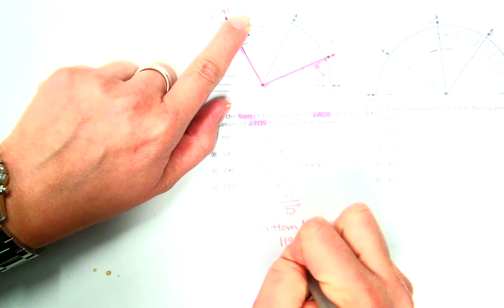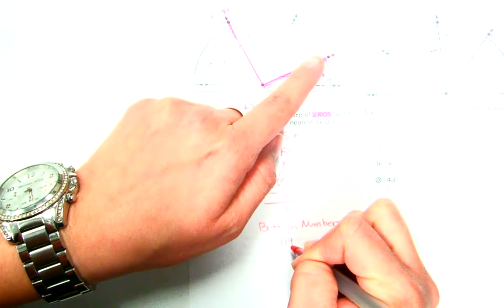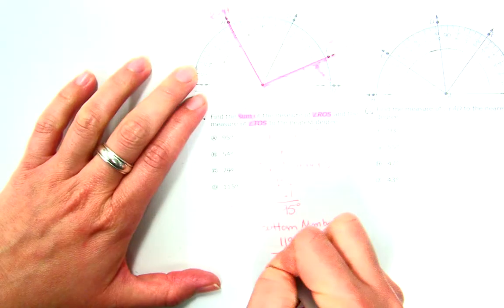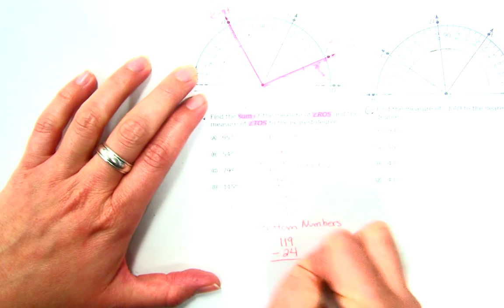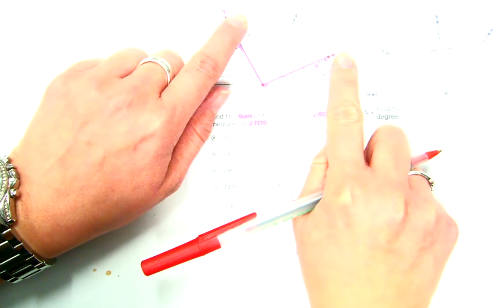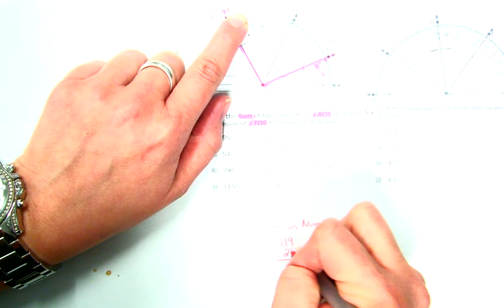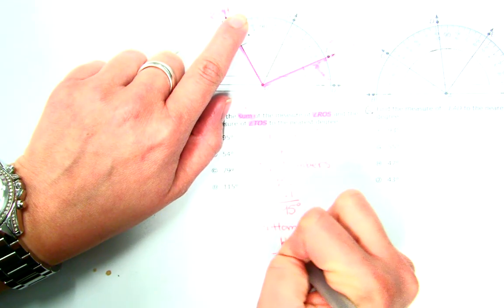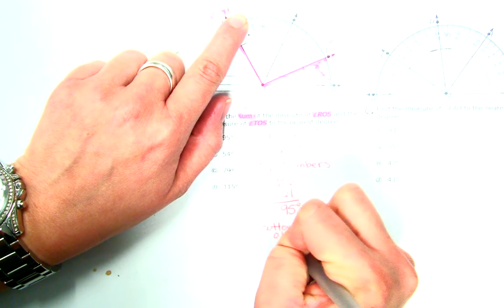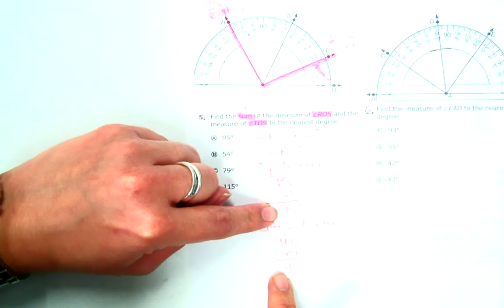So I'm going to subtract that again, so I don't have to sit here and count 1, 2, 3, 4, each individual line. That's going to take a really long time. So 9 minus 4, again, I just looked at my protractor. My bottom number was 119. This bottom number was 24. 9 minus 4 is 5. Have to borrow again. 11 minus 2 is 9. And look there, I got the same answer.